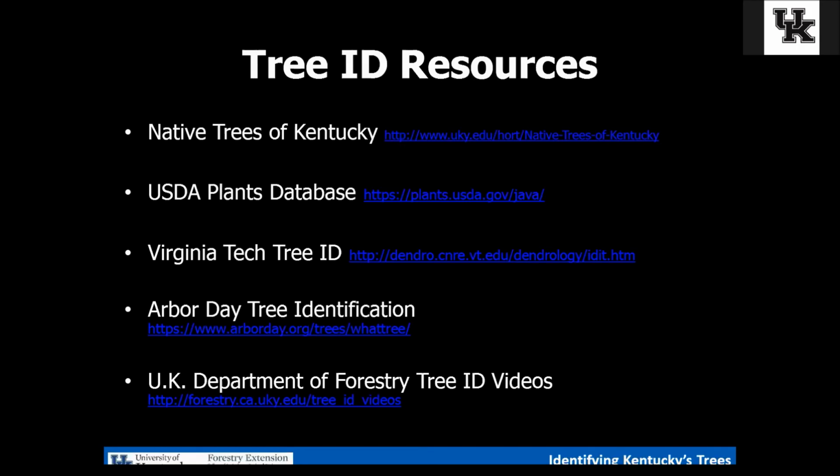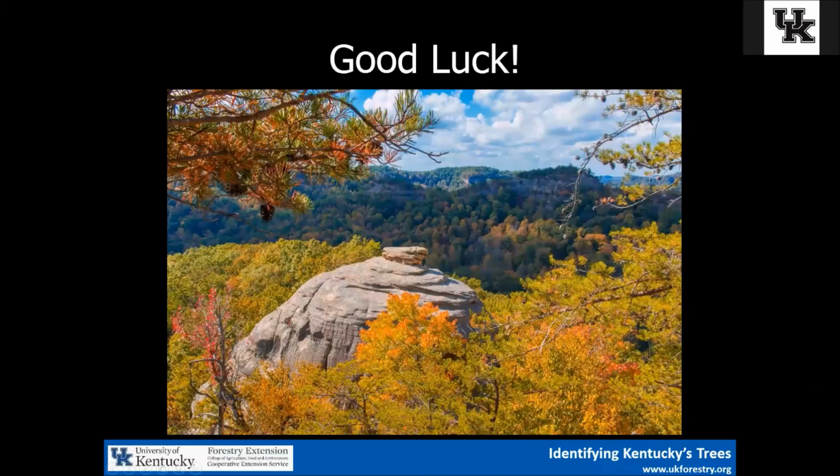Realizing that using something like a dichotomous key really does help break it down into small bits and pieces for you, so you don't have to take it all in at once, is the way I look at it. So I hope you are able to get out and identify some trees while we still have leaves out this year, and maybe get your hands on one of the tree finders. Good luck and happy identification.